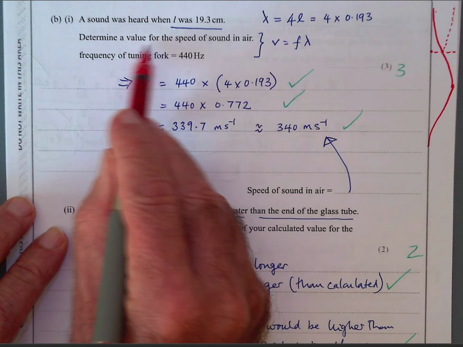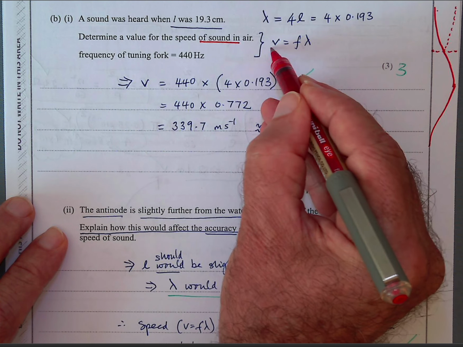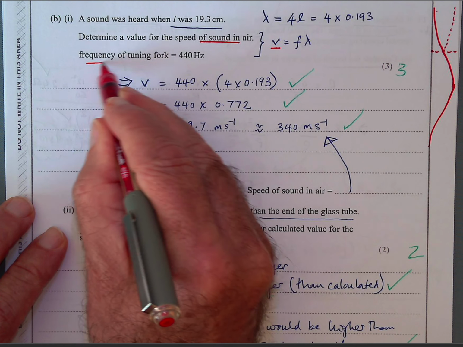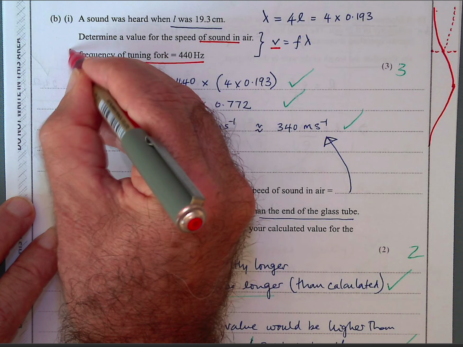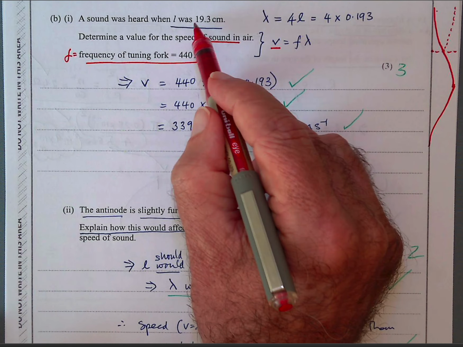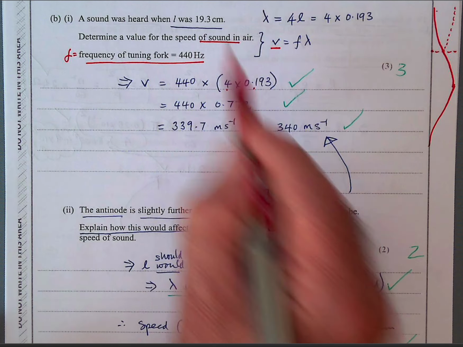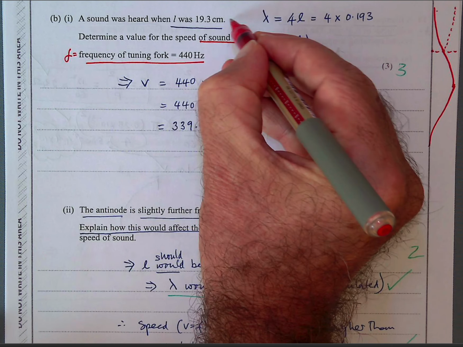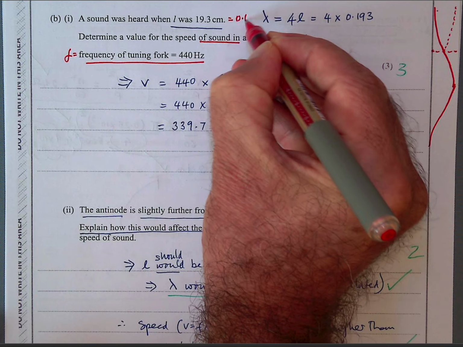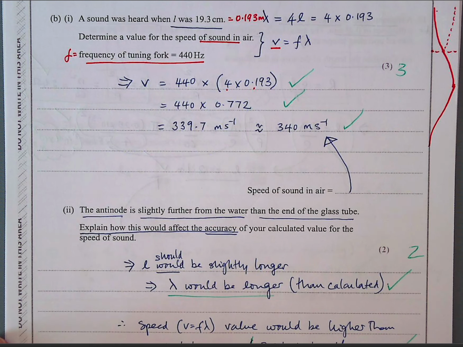They then say that they want you to determine a value for the speed of sound in air. So they want you to find V, and they told you the frequency of the tuning fork F is equal to 440 hertz. So we know the wavelength from L, yes. So once we do that, 4 times L, yeah, remember to change it into meters, 0.193. That's a trick that the examiners use to see which students make silly mistakes.